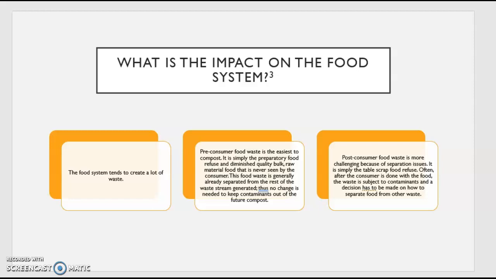This can be done by having an extra trash can that would only be used for food waste. Either the kitchen staff or the consumer can separate it depending on the flexibility and the atmosphere of their situation, like at home or their business. But it can be done.